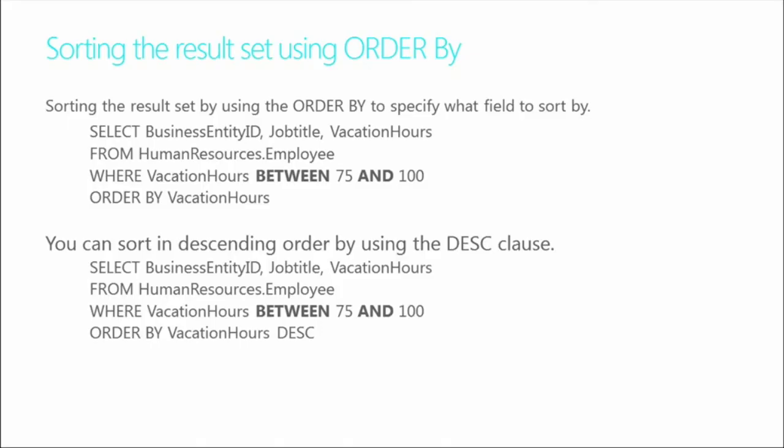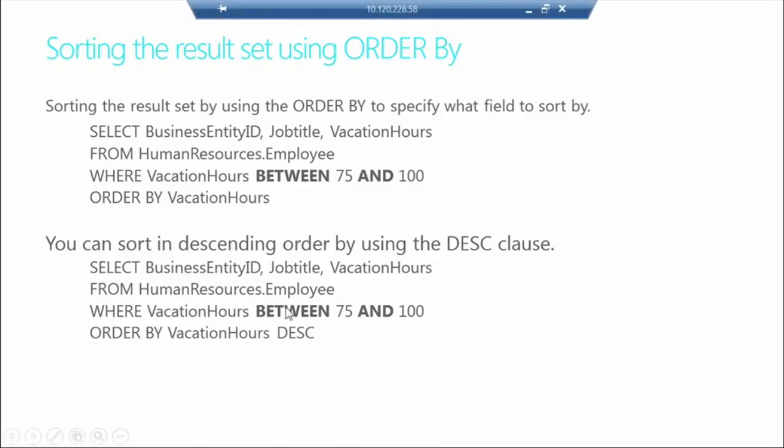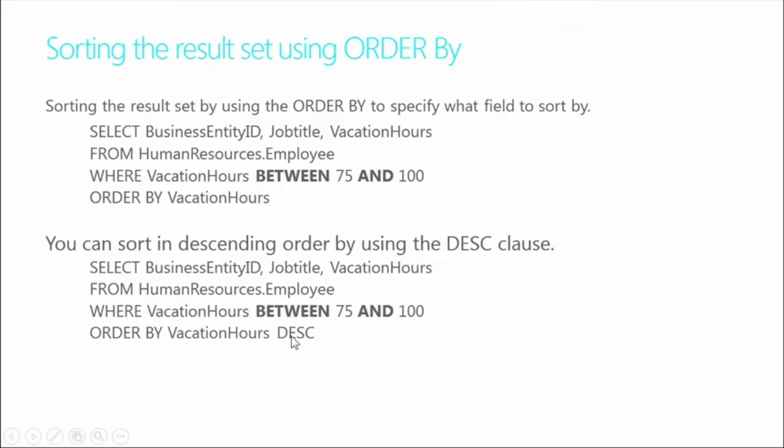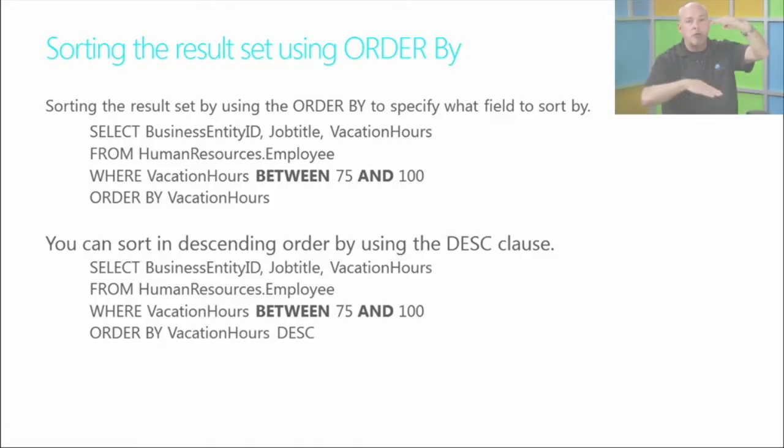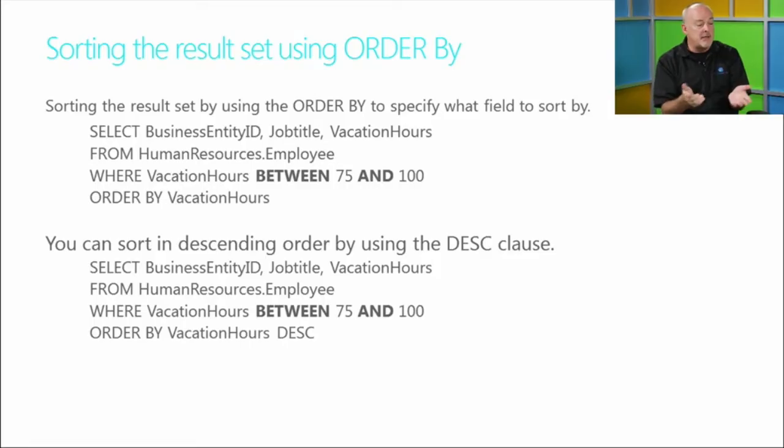You can reverse that. I used the same exact command on the bottom of the slide here, and all I did is add DESC, short for descending. So now instead of seeing 75 at the top of the display down to 100, I'm going to flip that and see 100 down to 75. It gives me an opportunity to decide what order I want to sort them. And it doesn't have to be vacation hours.